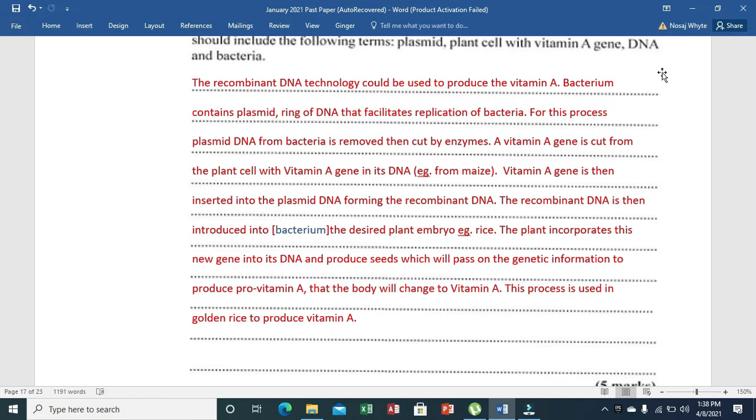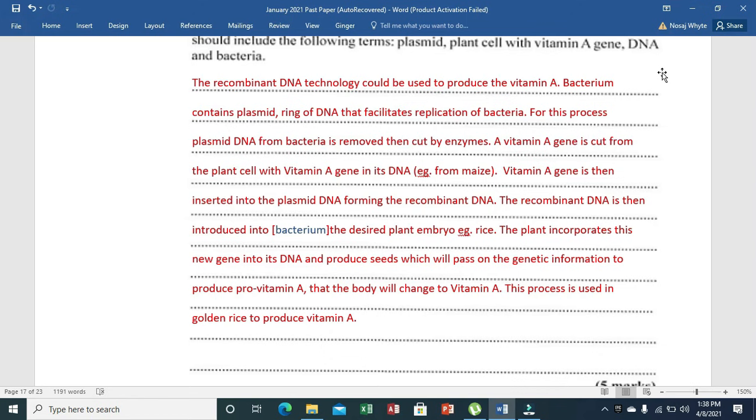Now, the body will change the provitamin A that is created as a result of this technology. Your body will transform that into the actual vitamin A that is going to be guarding against night blindness and safeguarding the immune system.